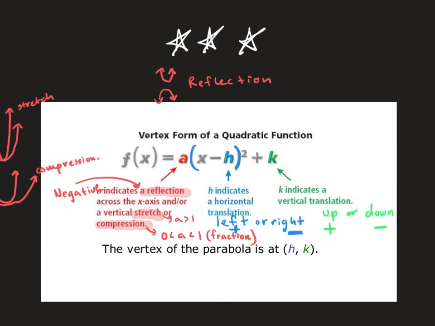Wait, so for H, left is up? Left is bottom? So if it's a plus a number, that means you move to the left. If it's minus a number, you move to the right. So when it's inside the parentheses, it's kind of the opposite of what you would think.